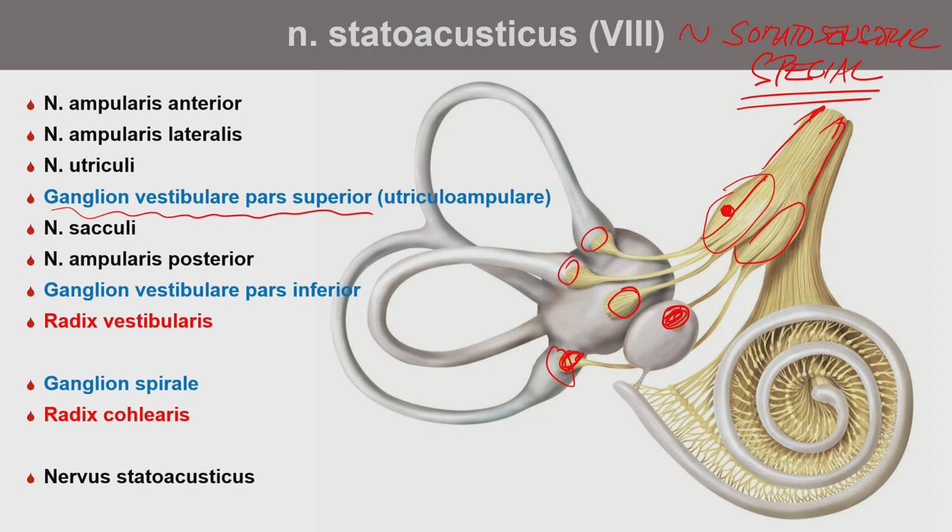The different situation is the cochlear nerve. The cochlear nerve is localized in the cochlea, and you can see here this 3D spiral. And from the 3D spiral, you can see many ganglia or smaller units, which are then assembled in the ganglion spirale, which is a 3D structure.